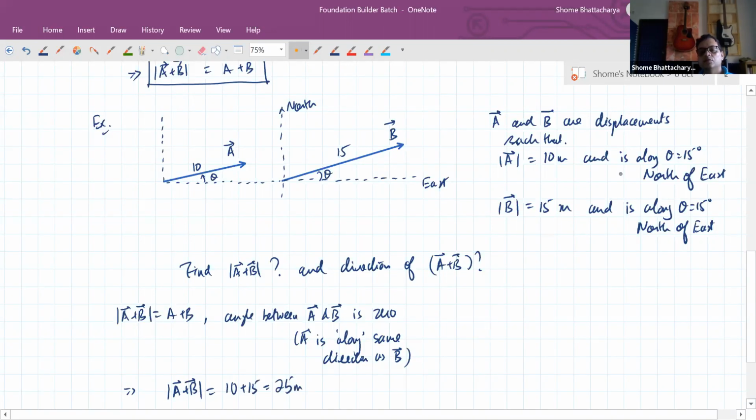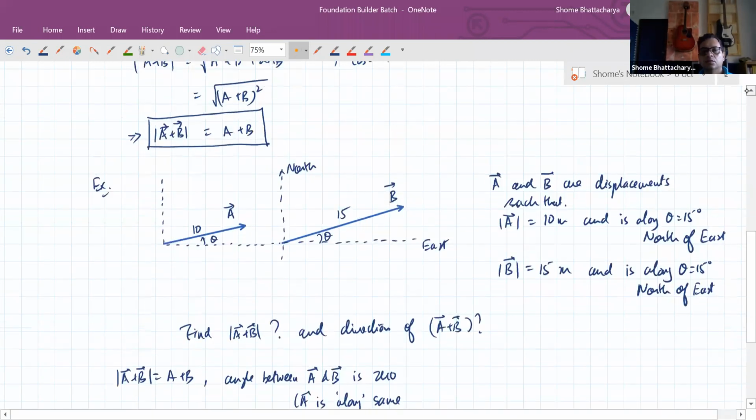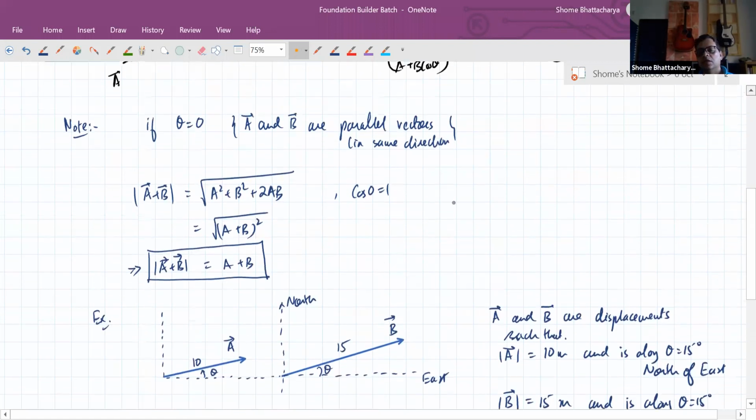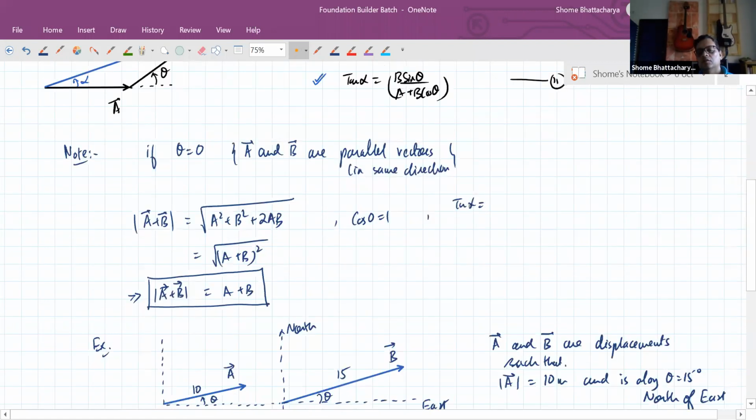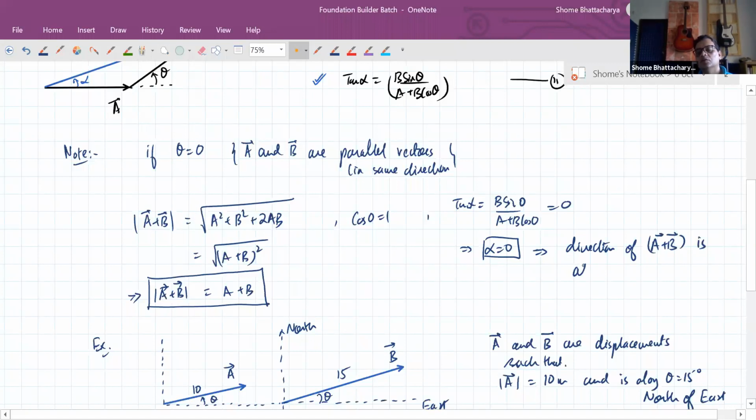And the other thing we can go back and check is that tan alpha, which is B sin 0 upon A plus B cos 0, will become 0. So that means alpha is 0. Alpha equal to 0 means that the direction of the resultant is also along the same direction.